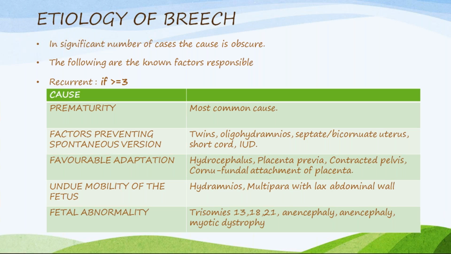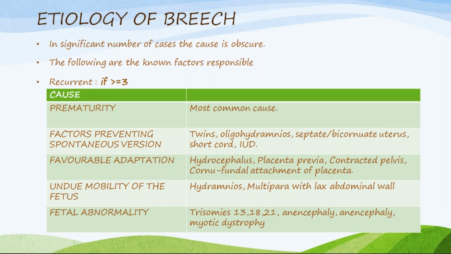Placenta previa: some space is occupied by the placenta, so there is no sufficient place for the head, so the breech will lie above the placenta, or sometimes it causes difficulty in engagement. Contracted pelvis: the head cannot go inside the pelvis, so it will occupy the space above.